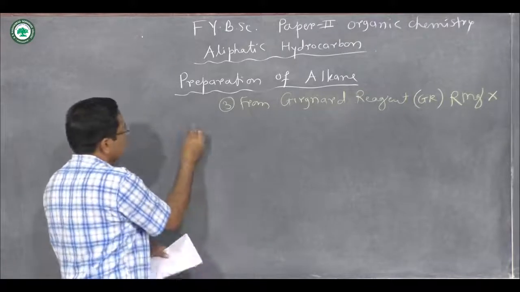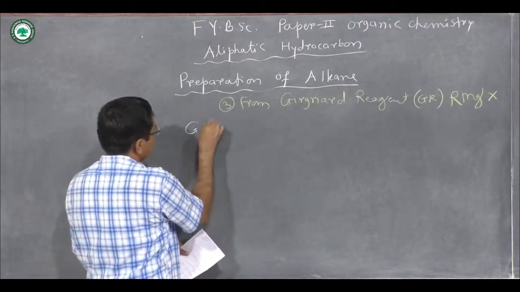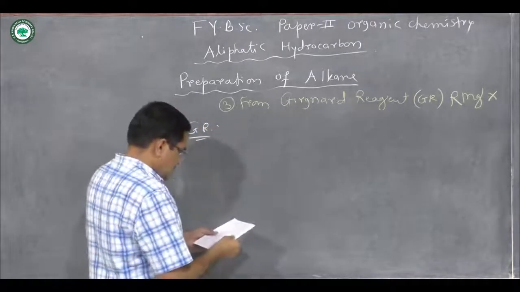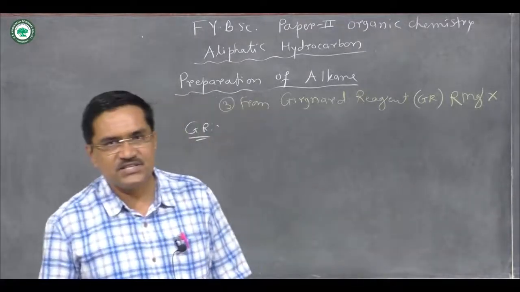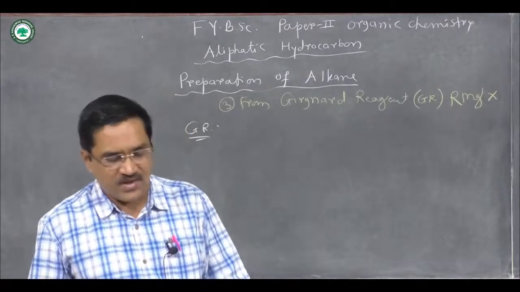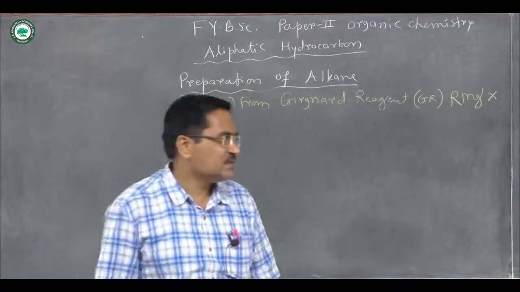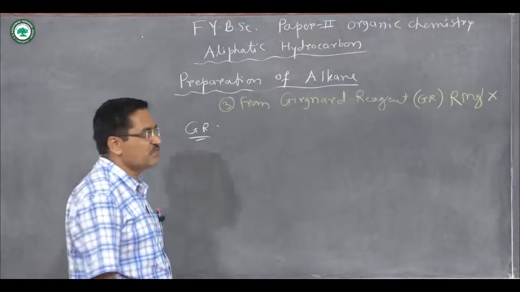Now we will see the general reaction. In the first step, Grignard reagent is prepared when alkyl halide reacts with Mg in presence of dry ether.